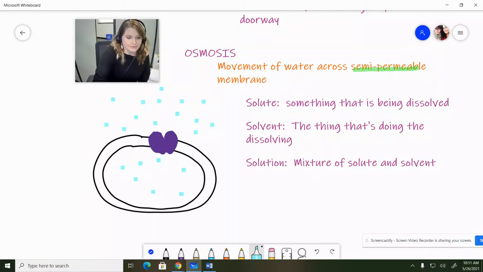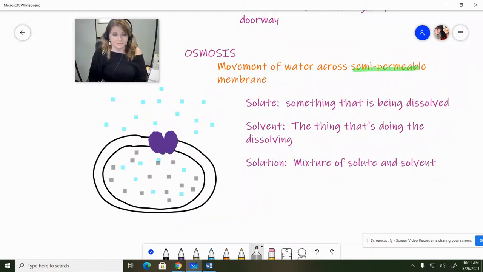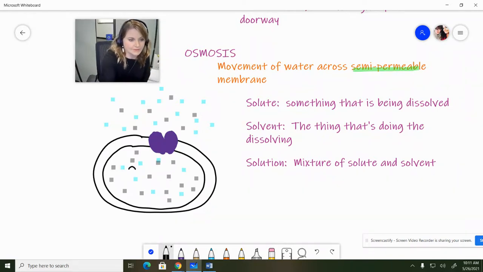So the idea here is, you have a lot of your solute, which is the gray, which is in this case salt, on the inside, and you have a lower concentration of that on the outside. The best way of looking at this is: very salty, and this is less salty.